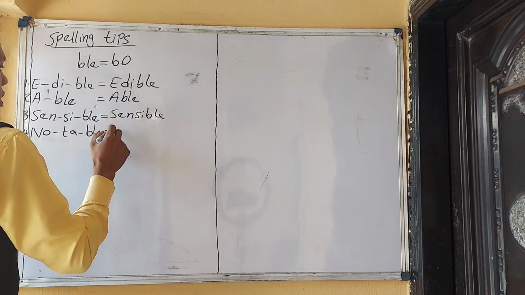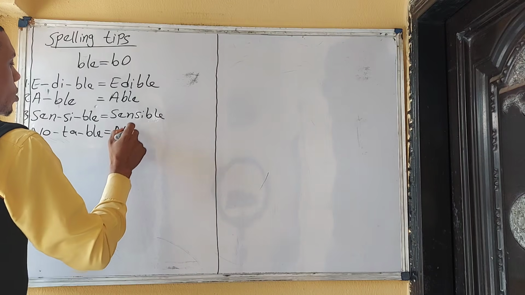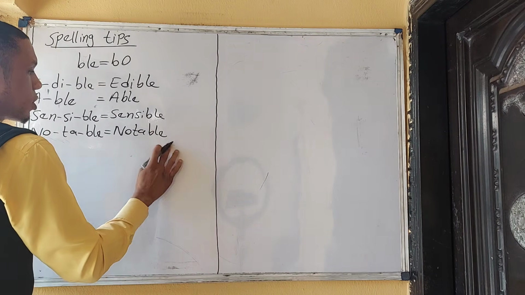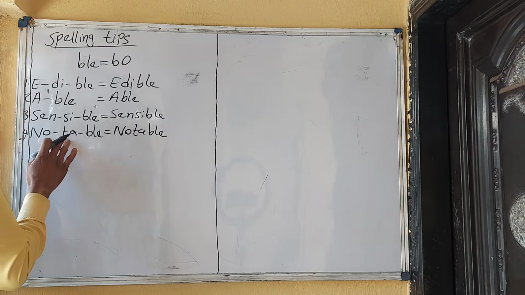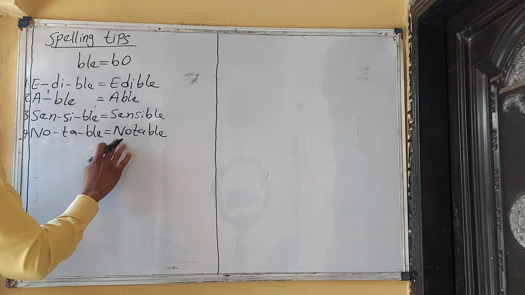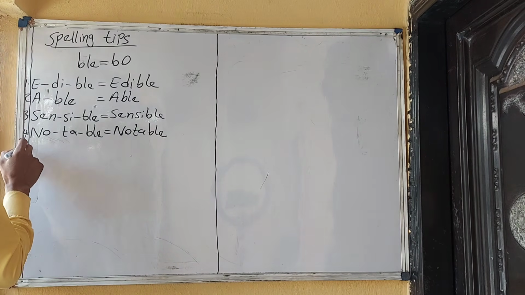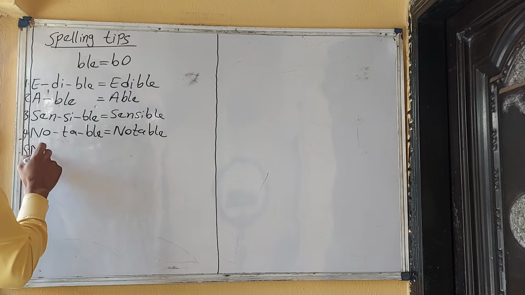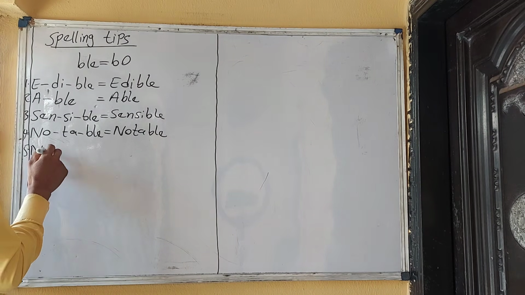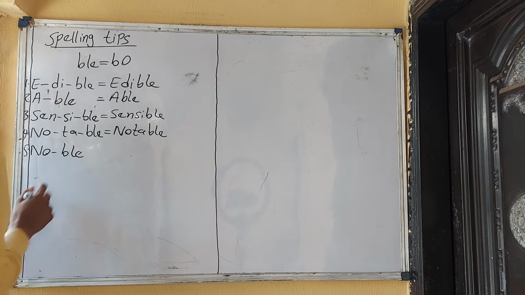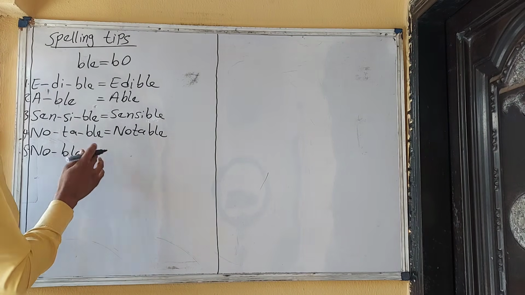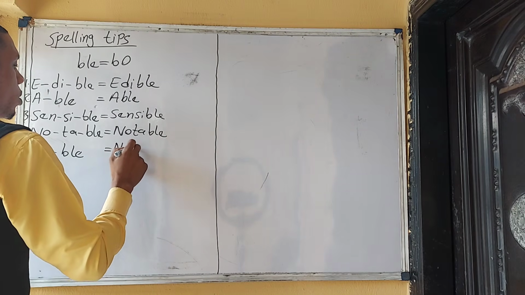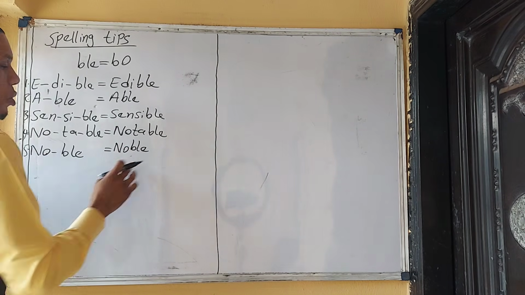When you bring it together, you have what? Notable. No, te, bold. Notable. Number five, we have N-O, which is no. Then we have what? Bold. No, bold. Noble.